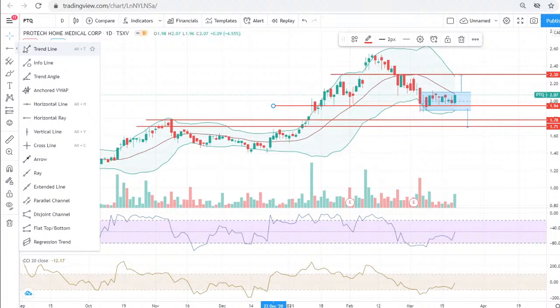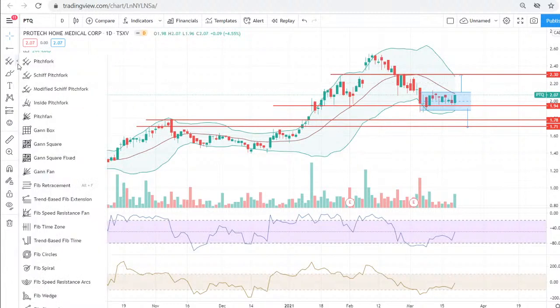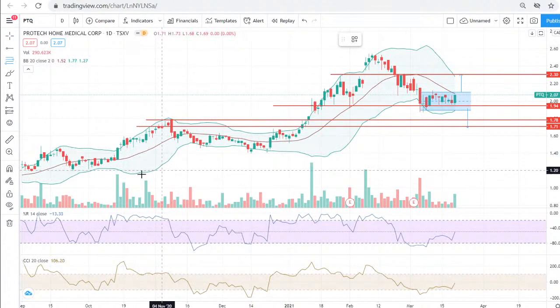You can apply the Fibonacci here as well, because Fibonacci will give you the support and resistance. You don't have to draw it manually. It will give you your required supports and resistances.